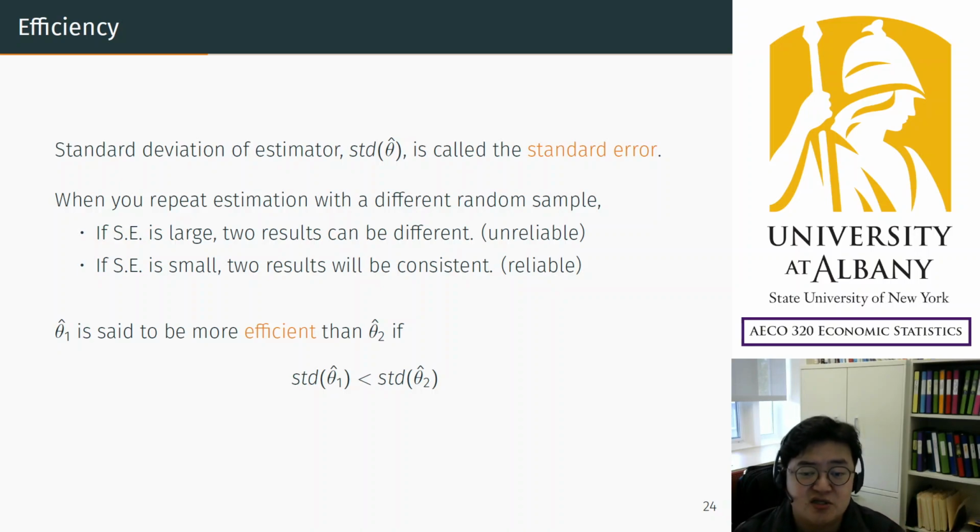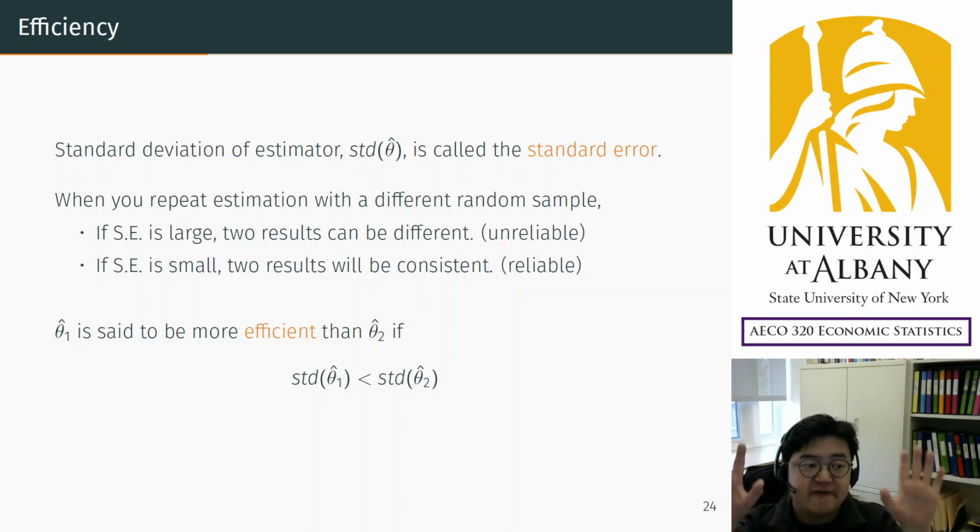So it is related to the standard deviation or the standard error. And by the way, as I said, it is just the smaller the better, but technically it is impossible to have zero standard deviation. So the efficiency criterion is a relative criterion.